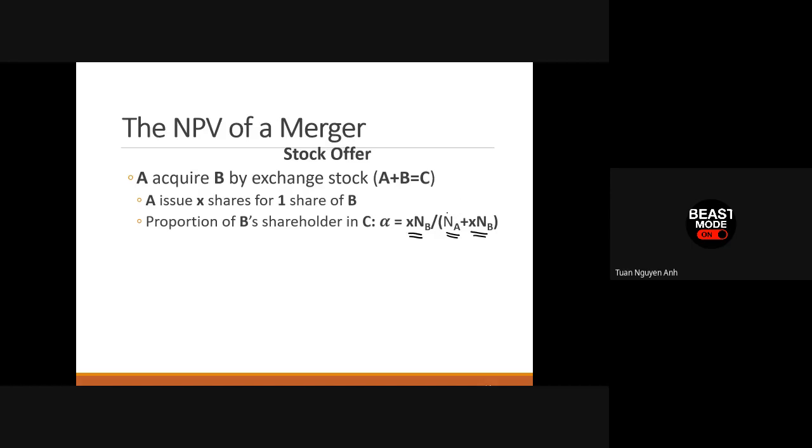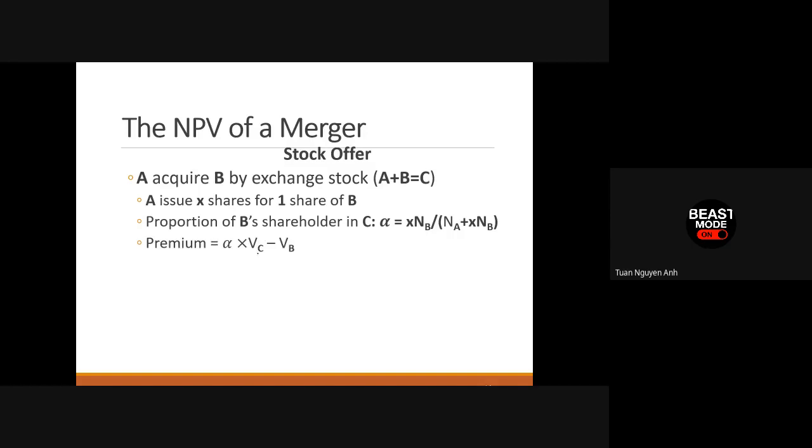So this is the total shares in the new company, and this is the proportion of the ownership of B's shareholders in the new firm. This is the benefit that B's shareholders will own in the future.